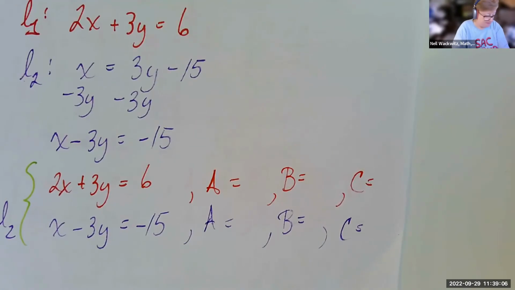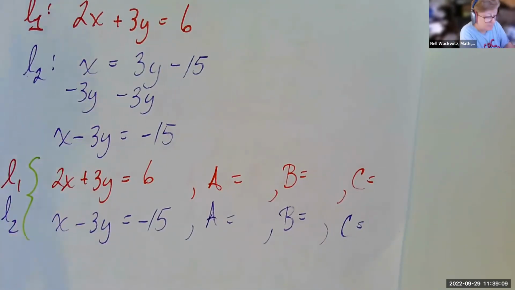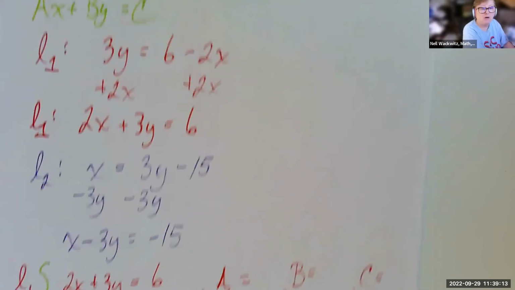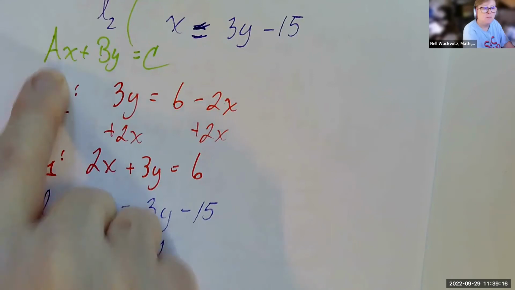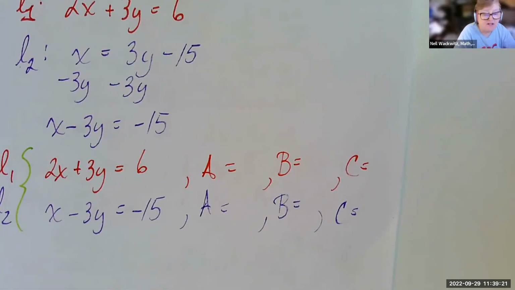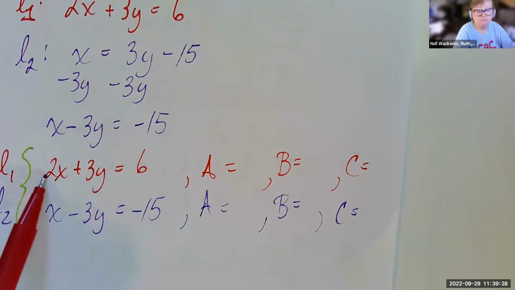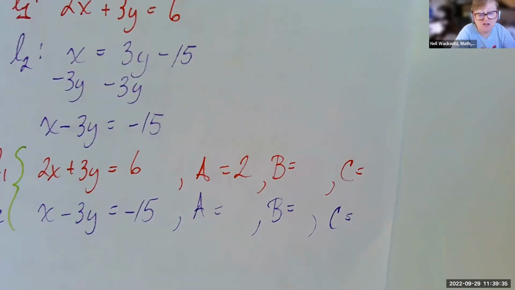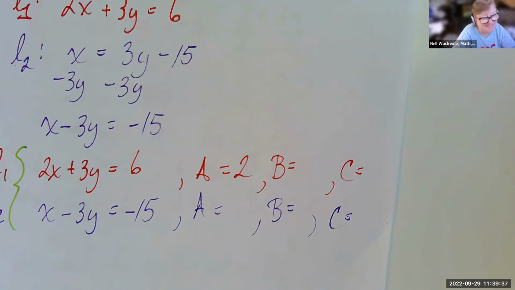All right. Oh, and I didn't write line 1. Here we go. So let's start with line 1. If A is the coefficient of x, what is A in line 1? 2. Good. What is the coefficient of y in line 1?